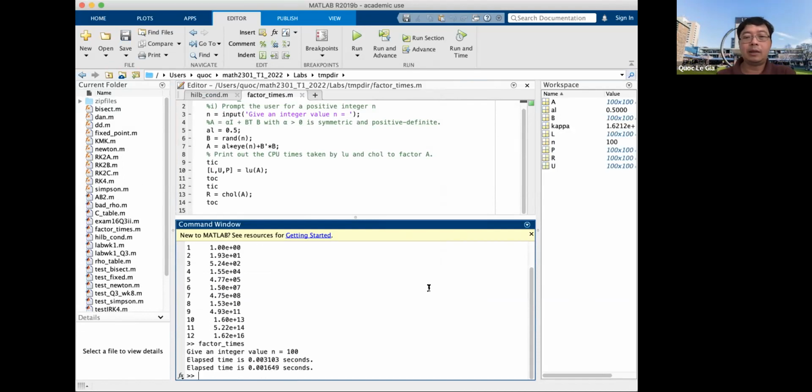Okay, so now you put in say 100. You see, Cholesky takes about half the time of LU factorization.